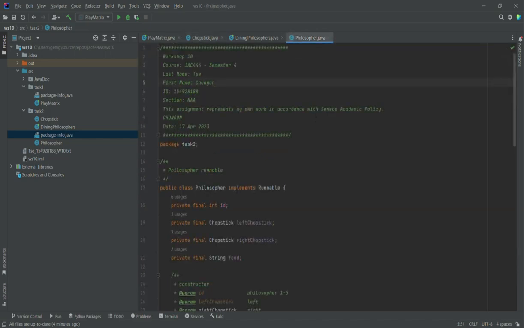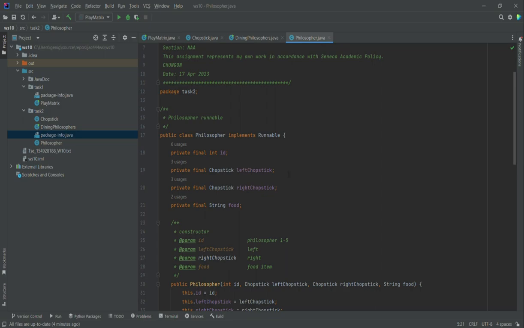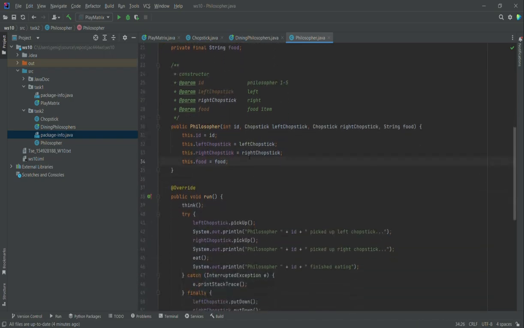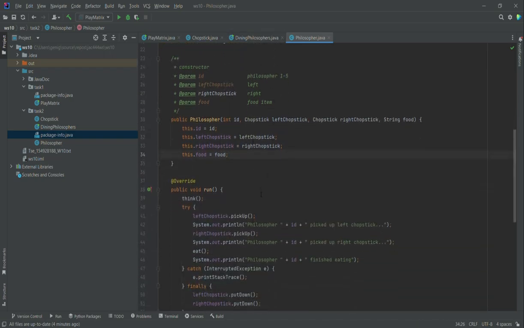In the philosopher class, we have a constructor on how we call the philosopher. Instead of using actual philosopher names, we are just gonna use 1 to 5 for simplicity. And both chopsticks and a randomized food item, but that's randomized in the main function.